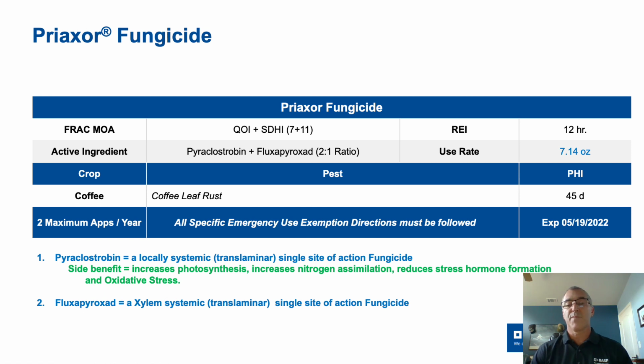There are some side benefits to pyraclostrobin, and actually I think they'll fit into your problem nicely. So the side benefit, we usually just refer to it as plant health. Plant health is really an increase in the photosynthesis rate of a plant for about 15 days, an increase in nitrogen assimilation, so the plant is bringing up and making plant parts out of nitrogen faster than it normally would.